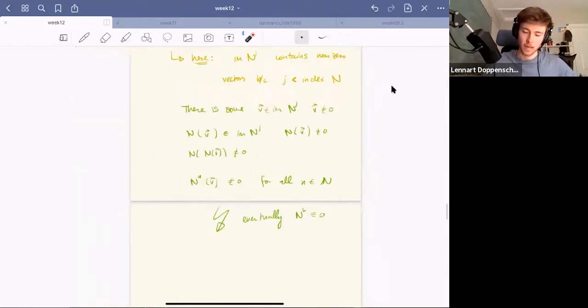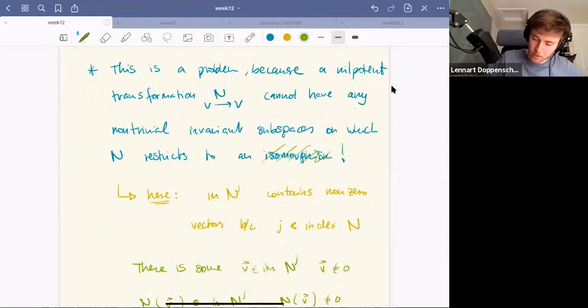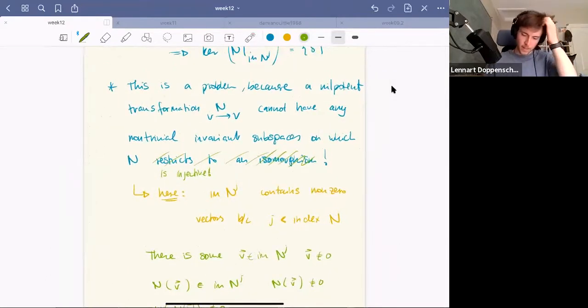And I didn't have to say isomorphism. I could have said that n restricts to the subspace as injective. Because if you have a subspace on which a nilpotent map is injective, that's just a big problem.